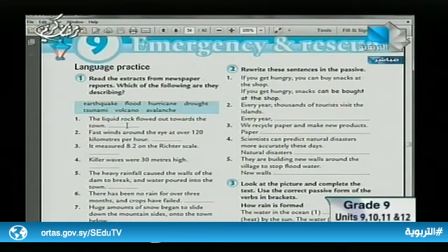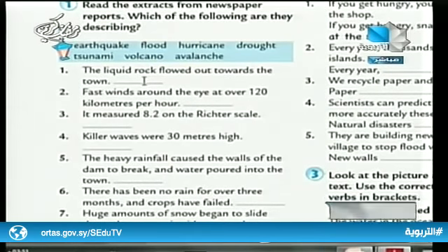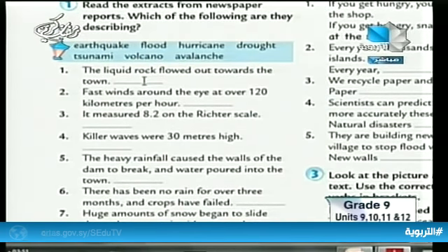So the student's task is to know which word in the books describes the situation. That's it, simply. When we say the liquid rock flowed out towards the town, it's of course a volcano.